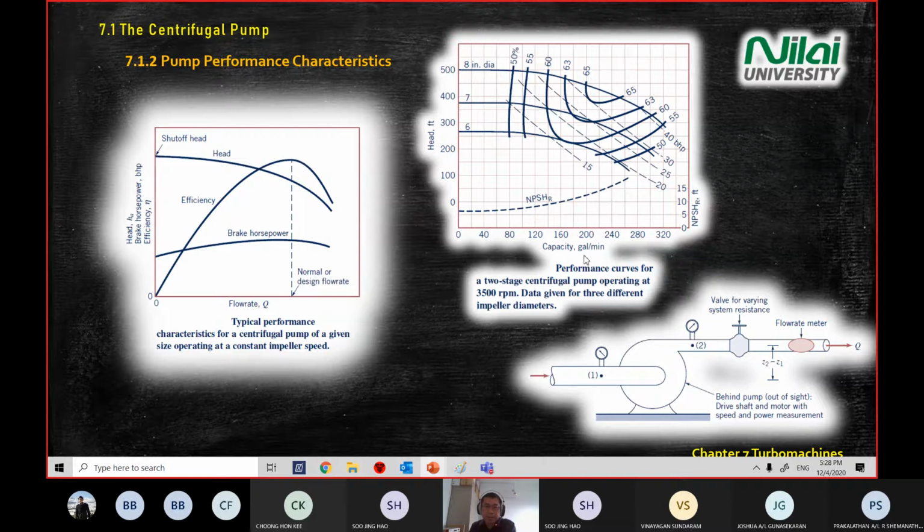If you convert to SI unit, gallon has an equivalent value in liter, so liter per minute. Gallon is an imperial unit. Then on the right-hand side is NPSH. Later we'll look at what is NPSH and why we need to study NPSH for pumps. All right, so this is the graph. Later we'll look at this one.